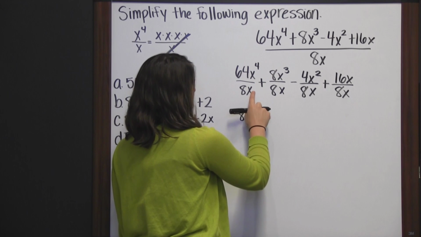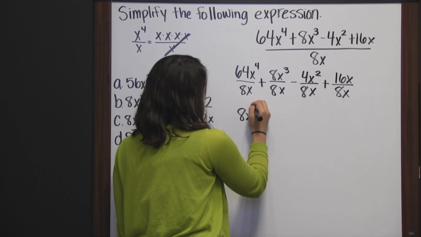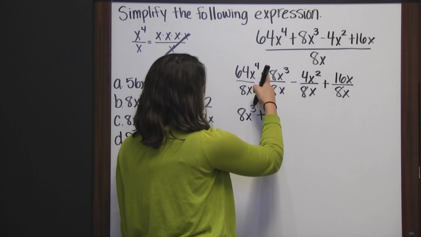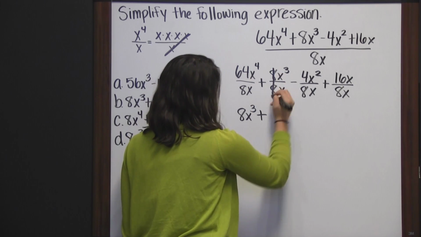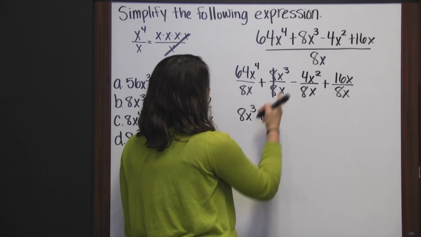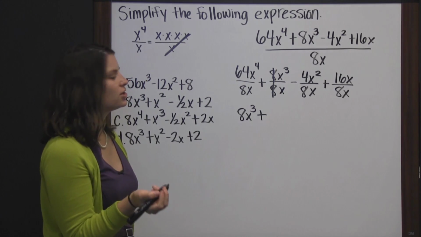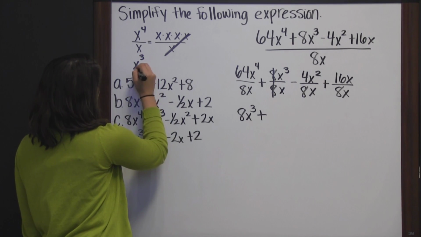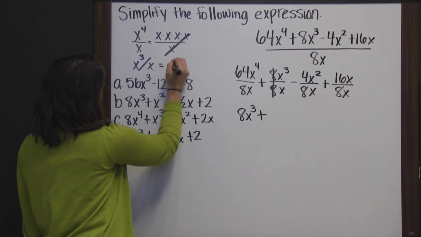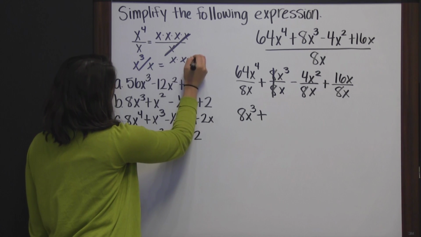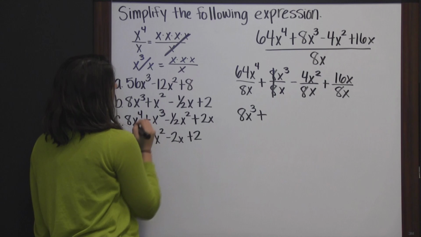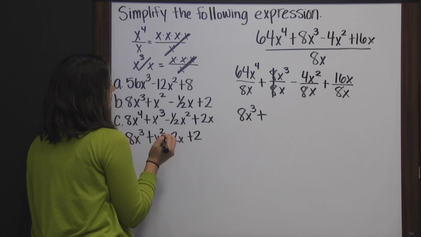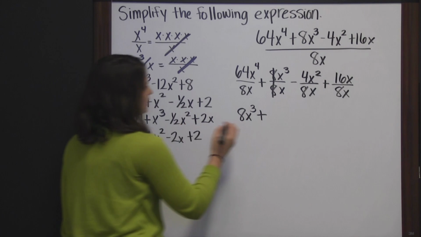So x to the 4th divided by x is x cubed. Plus 8 divided by 8 is 1, and then we do the same thing with x cubed divided by x. So x cubed divided by x would be x times x times x divided by x. X divided by x is 1, so you're left with x times x, x squared.